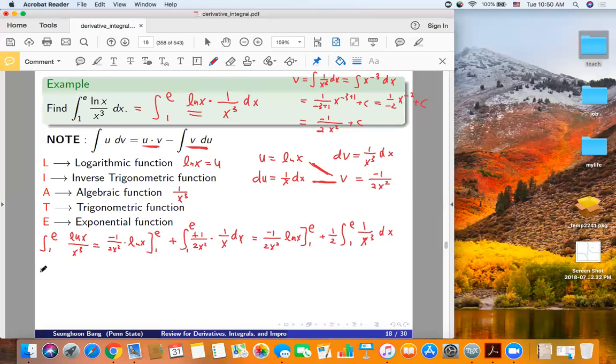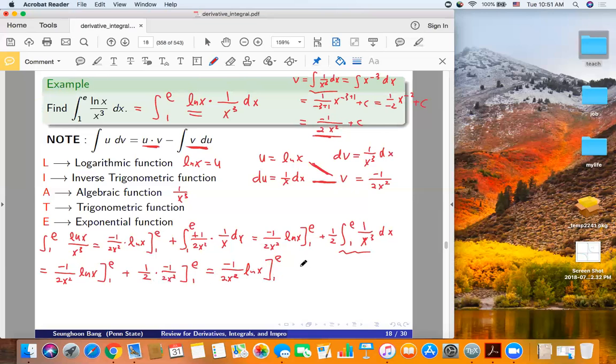The integral of 1 over x cubed dx is minus 1 over 2 times x squared. So we have minus 1 over 2x squared ln of x from 1 to e, plus 1 over 2 times negative 1 over 2x squared from 1 to e.